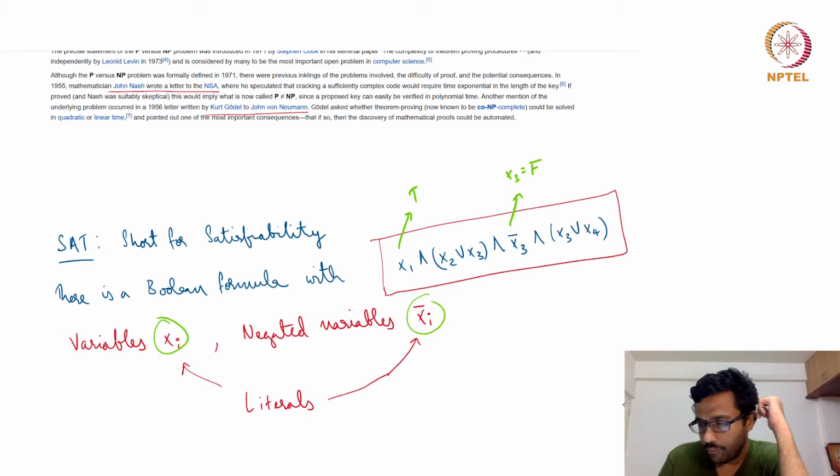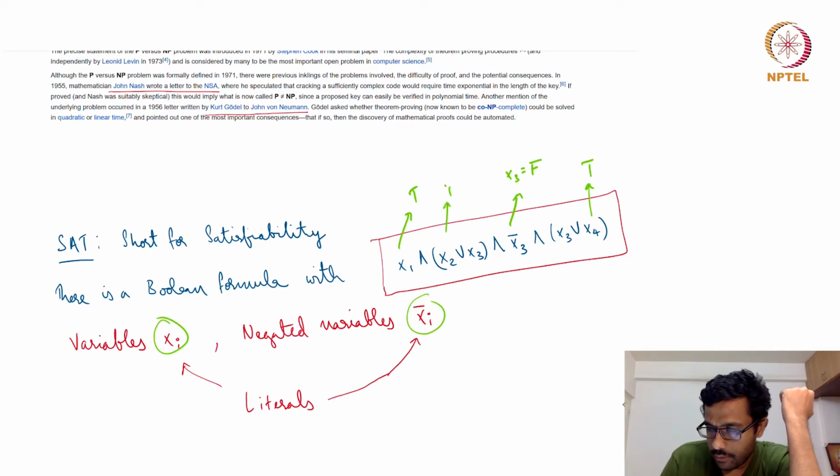Because x1 must be true and x3 complement must be true, we get the inference that x3 must be false. Now look at the last part, x3 or x4. Since x3 has to be false, x4 has to be true for this part to be true, and likewise x2 also has to be true.